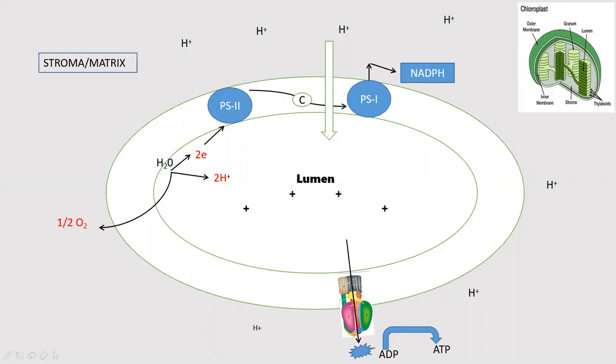This releases energy to activate the ATP synthase enzyme that catalyzes the formation of ATP. This is the brief information about the chemiosmosis process.